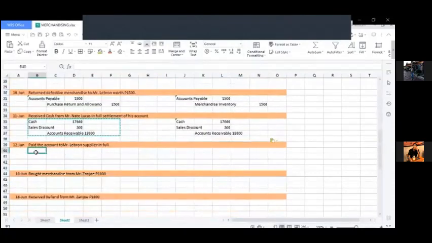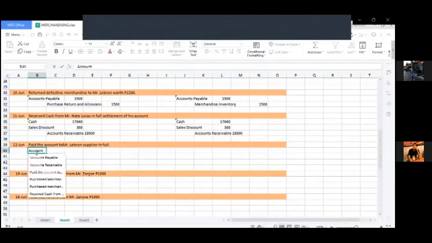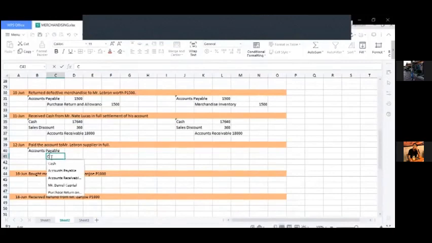So, magiging entry natin kapag periodic inventory system is accounts payable, and then cash kasi magbabayad tayo, and purchase discount.